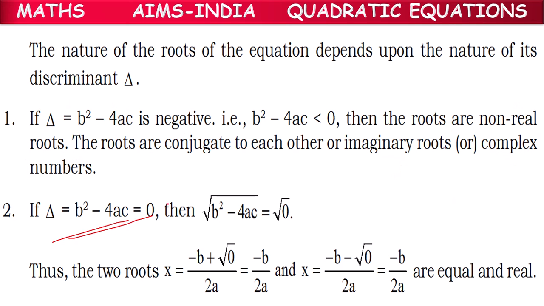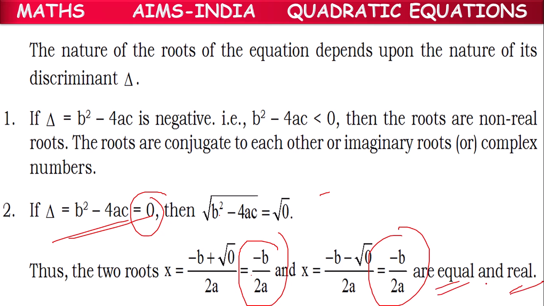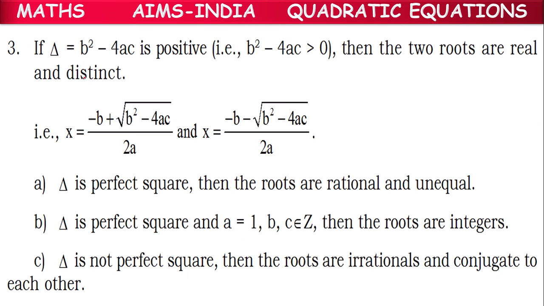When the discriminant is equal to 0, the first root is minus b by 2a, the second root is minus b by 2a. Roots are equal and real. When the discriminant is positive, then the roots will be real and distinct, real and different.